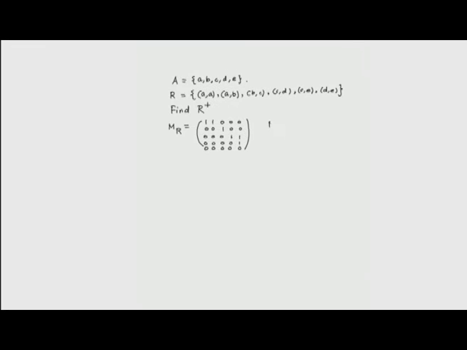Now, we keep on considering the powers of this relation, where M_R square is nothing but M_R multiplied by M_R with the special rule that we have discussed before, and that will give us 1 1 1 0 0, 0 0 0 1 1, 0 0 0 0 1 and 0 0 0 0 0 along with 0 0 0 0 0.